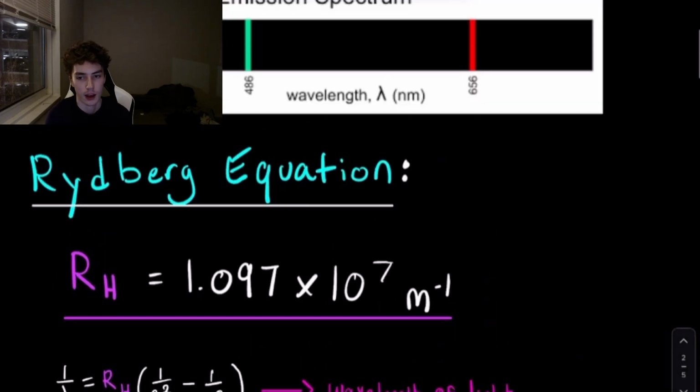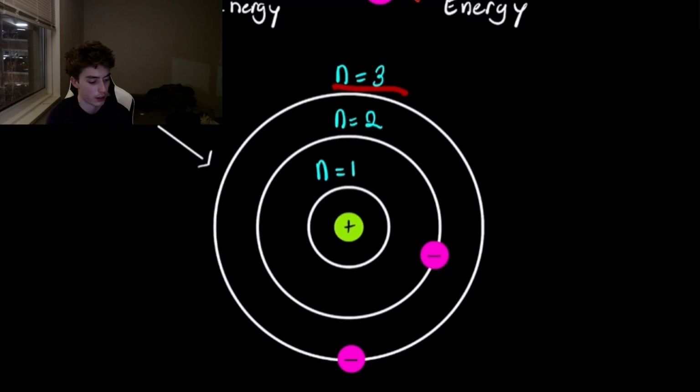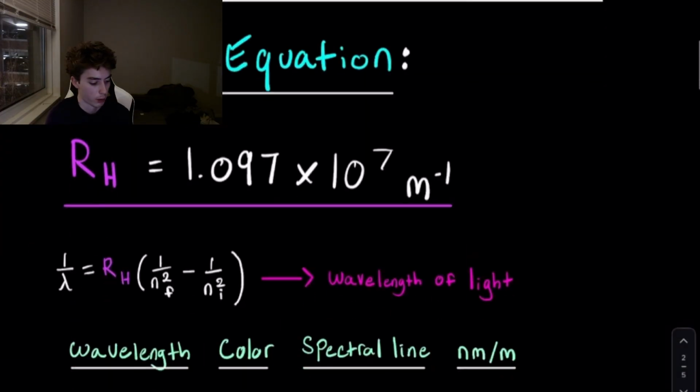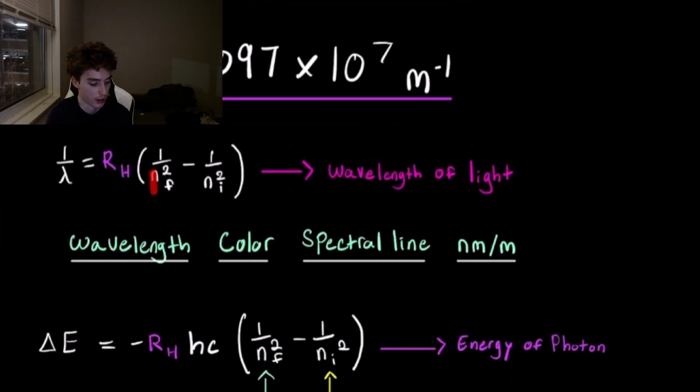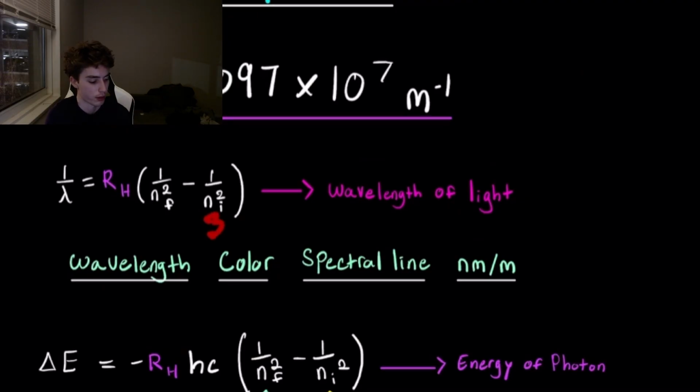What I mean by that is, if an electron is dropping from 3 to 1, I would put 1 here and I would put 3 here. F is for final, I is for initial. So it initially came from 3, so I'd put 3, and then it ended up at 1.